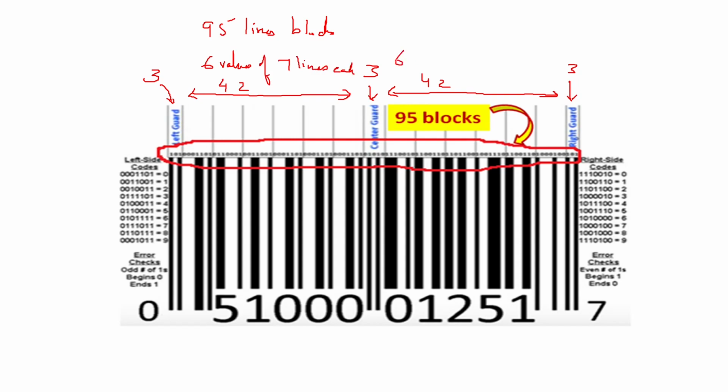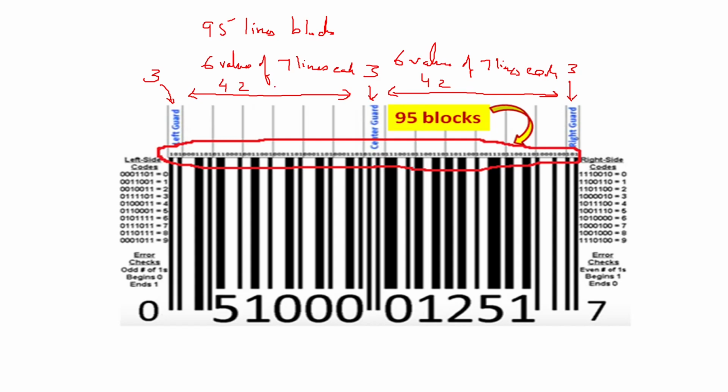Here also you will be having 6 values of 7 lines each. So 6 plus 6 will be 12, and that will be 12 numbers, 12 different values you will be having there.